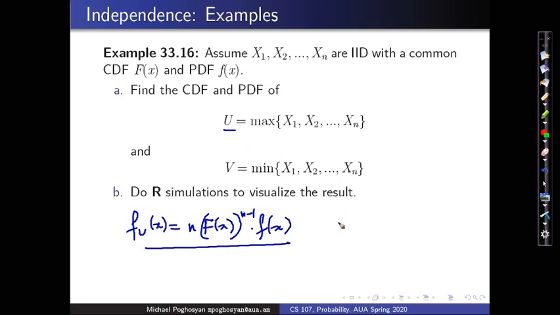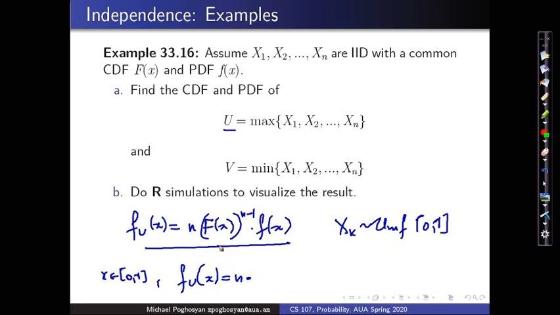Now let's take xk's that are all uniform from 0 to 1. If they are uniform from 0 to 1, then for x between 0 and 1, f_U at x will be n times F of x, which is x. Let me just recall what the CDF is for uniform 0, 1.